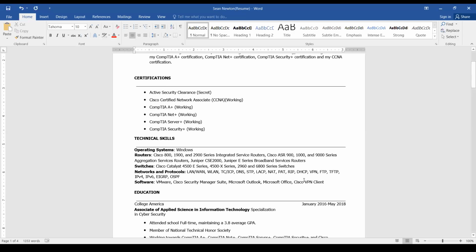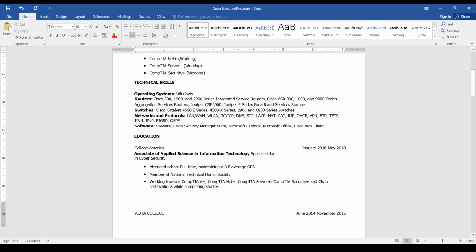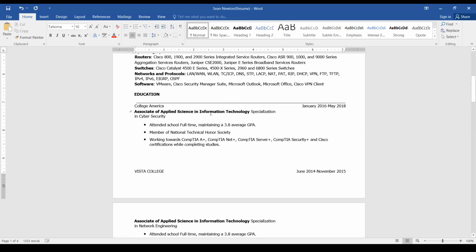Software, this is actually potentially very, very useful as a list. I don't have a problem with that. Education, College America, you list down here May 2018. I assume that's when you're going to graduate. That's great.